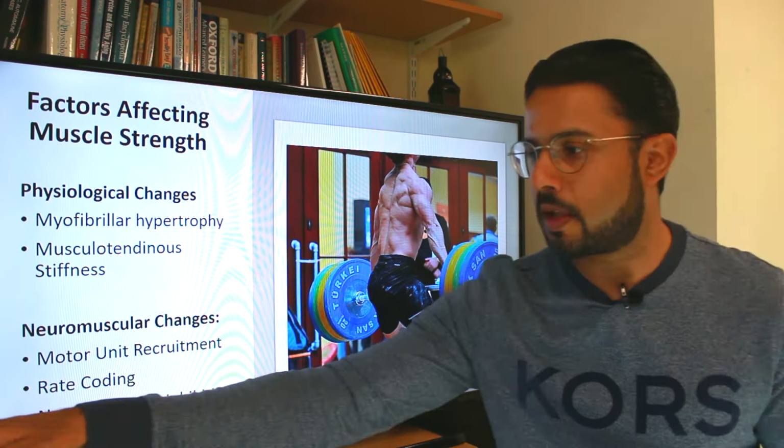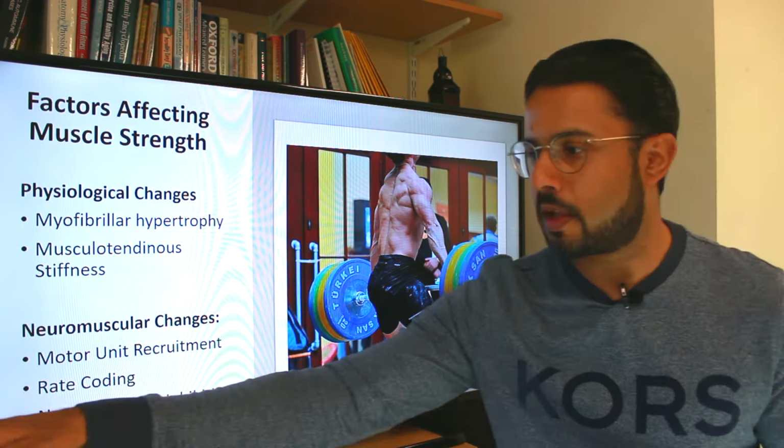Let's start with the importance of progression. Any resistance training program will have people at various different levels. You'll have elite athletes, and you'll have beginners. Whatever level you're at, you're going to have to involve gradual progression, a term called progressive overload. You're not going to get strong within a couple of days or a couple of weeks.